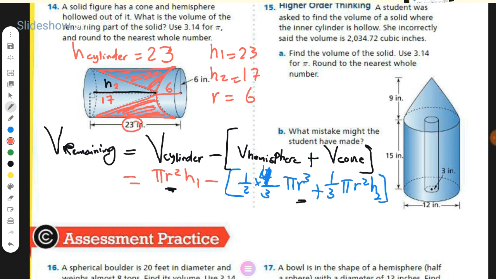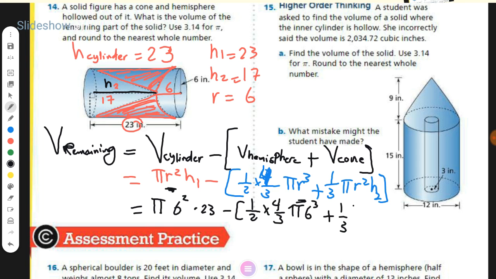By substitution, you'll find the following: pi times 6 to the power 2 times H1, which is 23, minus 1 over 2 multiplied by 4 over 3 pi times 6 to the power 3, plus 1 over 3 pi times 6 to the power 2, with H2 equal to 17.